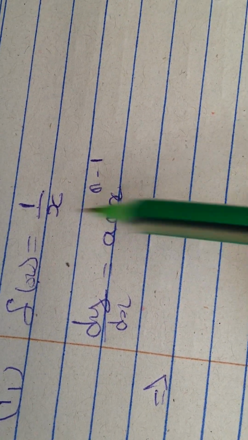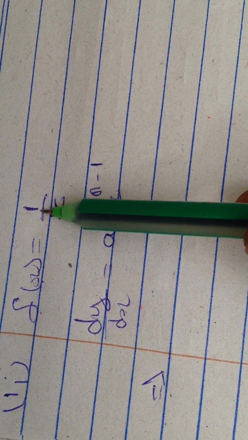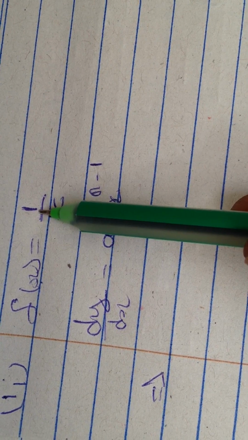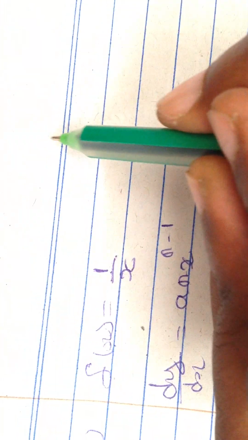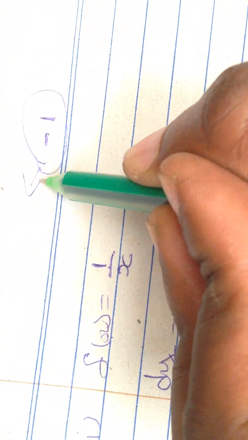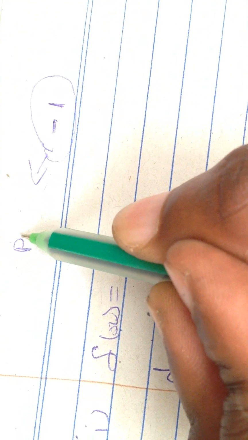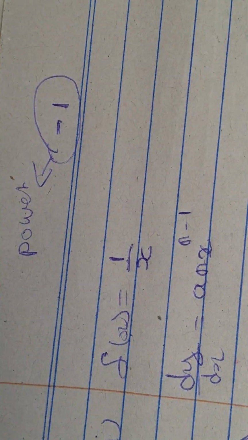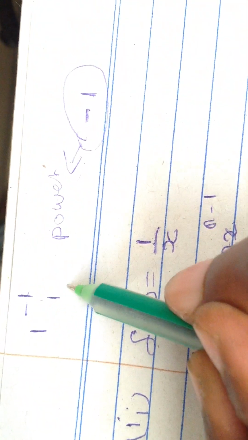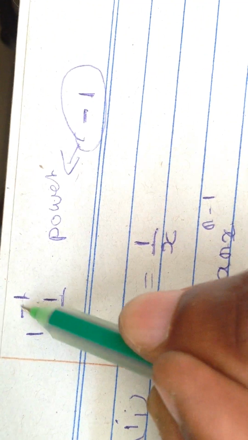Okay, so now you have this one. If you have one over, the one we're familiar with, 1 over x, the 1 over in math simply means negative 1 as a power. If you have 1 raised to power negative 1, it simply means you have 1 over 1 raised to power 1, which is 1 into 1, that's 1.